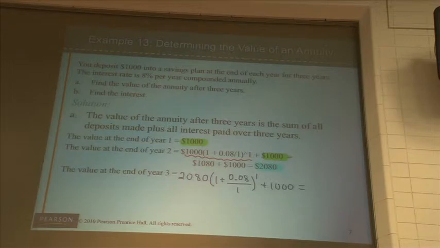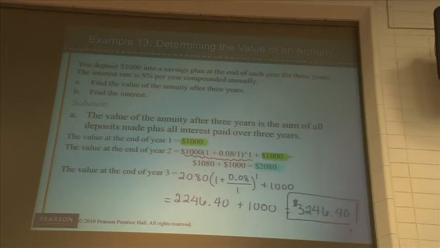Let's simplify. You punch all this into your calculator. I got $2,246.40 plus the $1,000 on the end, which gives us a grand total of $3,246.40 at the end of the third year.